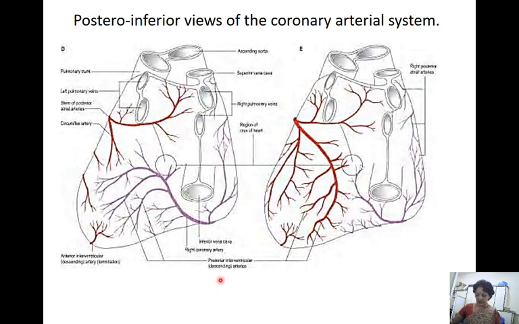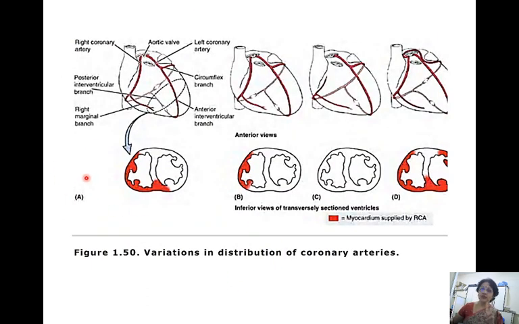So the word dominance depends on which of the two arteries gives the posterior interventricular branch, which will supply the interventricular septum and a good part of the two ventricles. So the way it will look is when you have a right coronary and a left coronary with the anterior interventricular branch, most of the chamber is supplied by right coronary, the right ventricle completely, and the left coronary supplies most of the left ventricle and most of the interventricular septum.